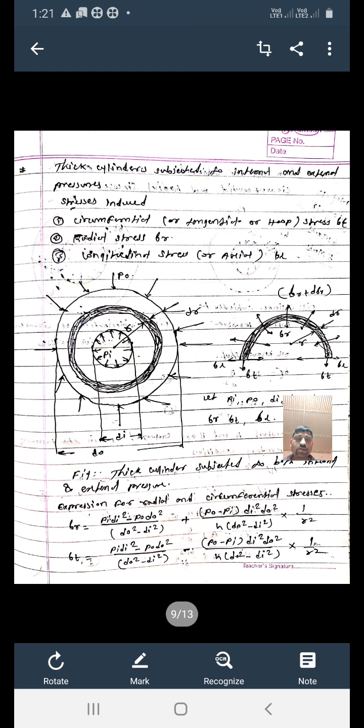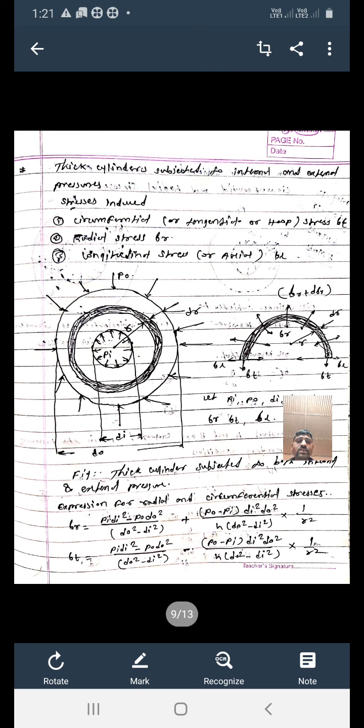Sigma R is equal to (Pi di square minus Po do square) divided by (do square minus di square), plus (Po minus Pi) into di square do square divided by 4 (do square minus di square) into 1 by r square. This is for radial stress.